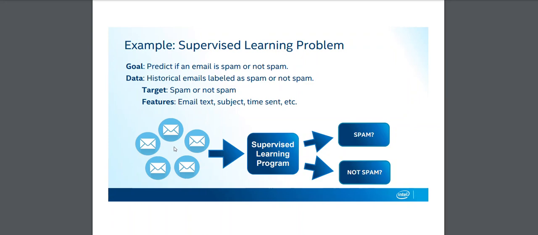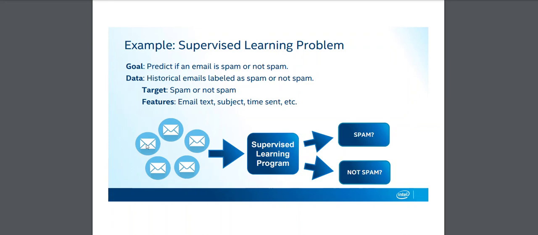Now, what do we have along with those emails? Well, we've got the text in the email, maybe the subject line, the time it was sent, the domain it was sent from. There's so many different features that we can collect about the email.